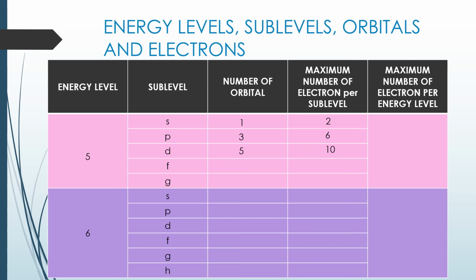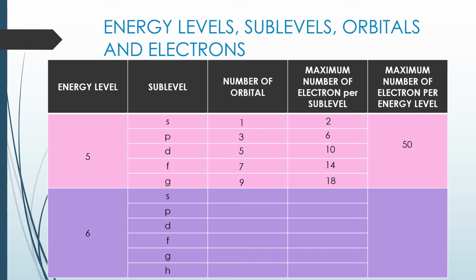That's why we have 10. For the F, we have 7 orbitals or 14 electrons. And for the G, we have 9 orbitals or a maximum of 18 electrons. If we add 2 plus 6 plus 10 plus 14 plus 18, energy level 5 can hold 50 electrons.